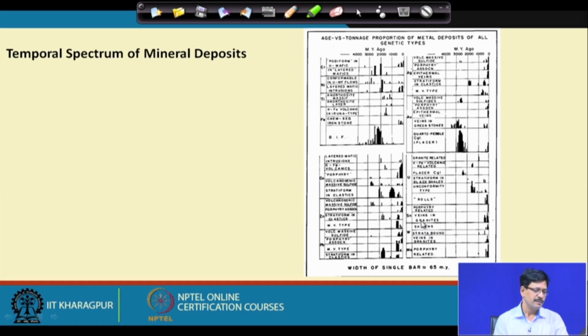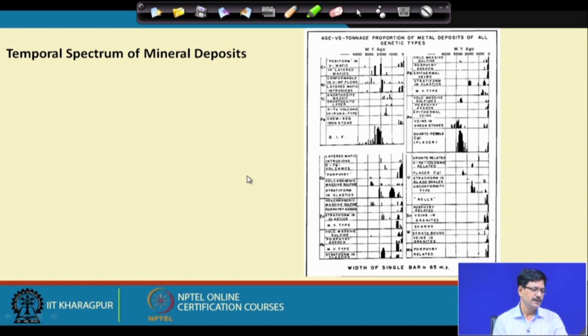Similarly, if you look at metals like tin, tungsten and molybdenum, their deposits also formed only in the later part of the geologic history, mostly Mesozoic or post Mesozoic. These also need to be explained. One very quick correlation you could make here: if you remember, we were discussing the enrichment factor, or the general crustal abundance of metals against the quantity available in terms of mineral deposits.